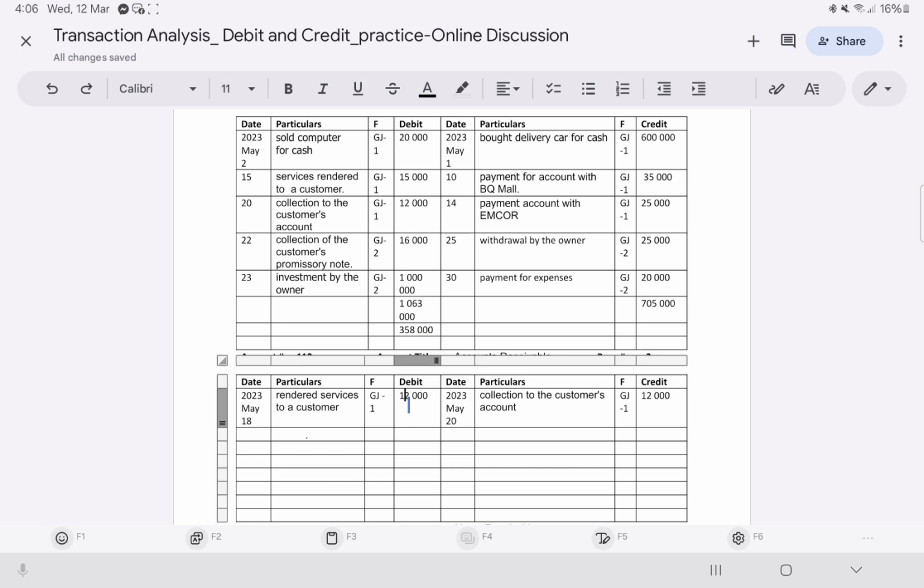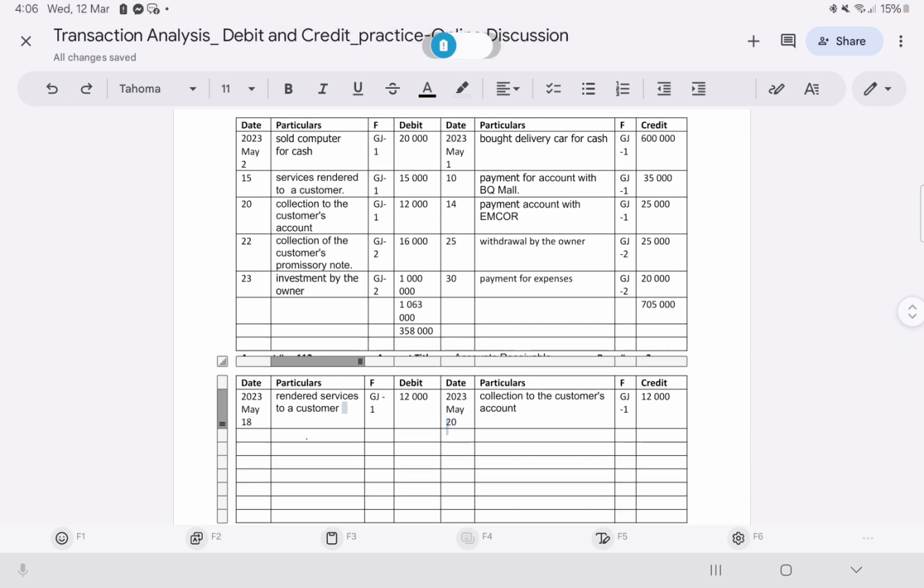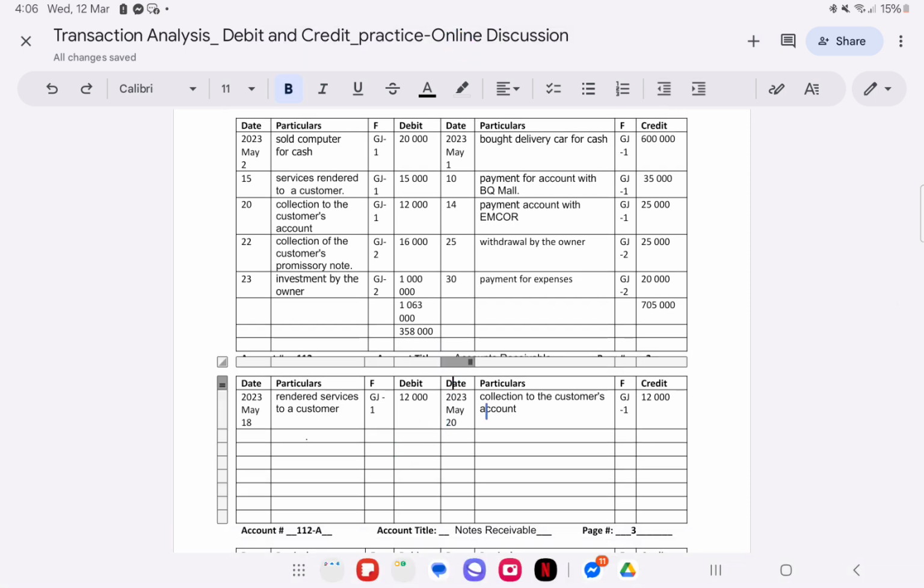So okay, so next transaction, accounts receivable. Okay, so since our transaction account receivable is already closed, no? So what's the normal balances of the accounts receivable?